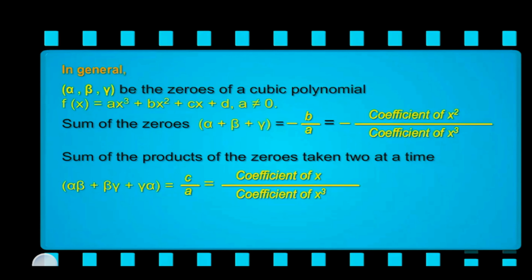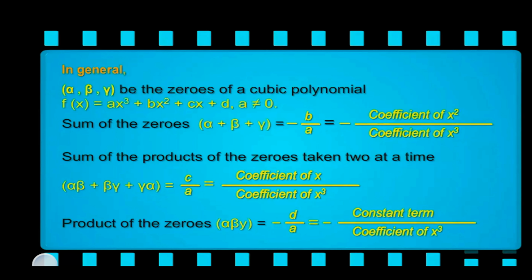The sum of the products of the zeros taken 2 at a time, that is alpha into beta plus beta into gamma plus gamma into alpha, is equal to c upon a, which is equal to coefficient of x upon coefficient of x cubed. The product of the zeros alpha into beta into gamma is equal to minus d upon a, which is equal to minus constant term upon coefficient of x cubed.